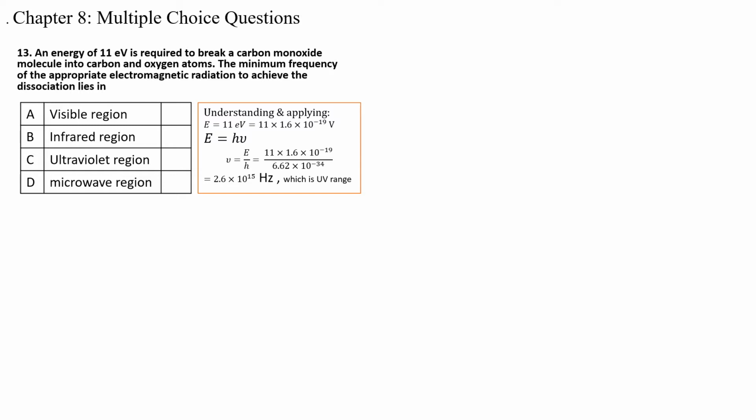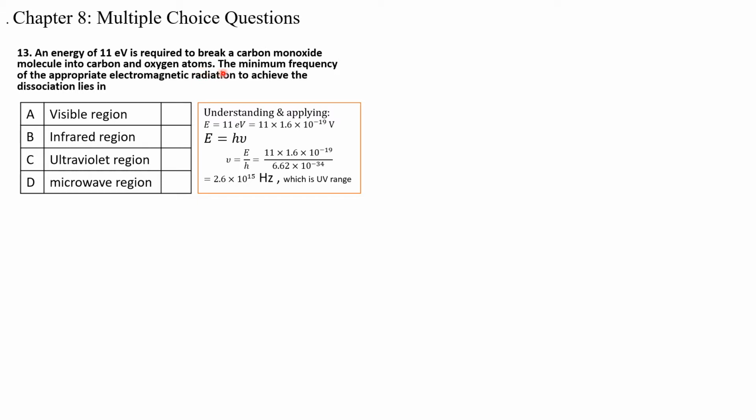An energy of 11 electron volt is required to break a carbon monoxide molecule into carbon and oxygen atoms. So 11 electron volt is required to break carbon monoxide, that is CO. When we break it, it comes out as carbon and oxygen.